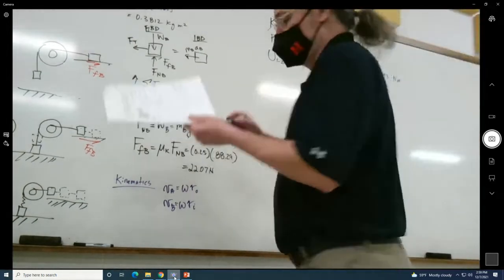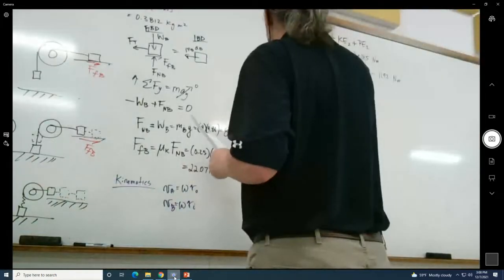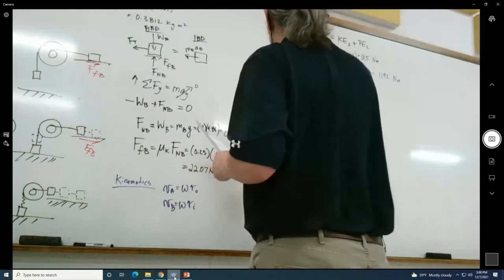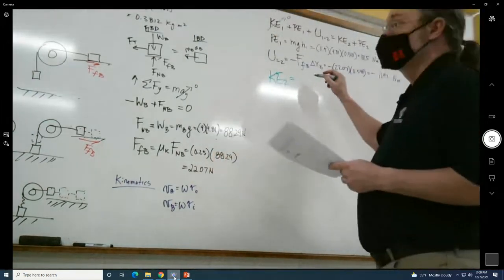The kinetic energy at state 2 is going to be all three kinetic energies.